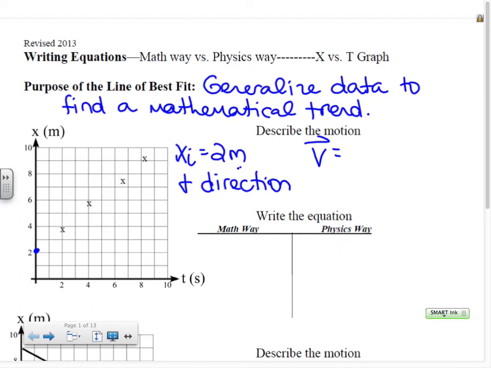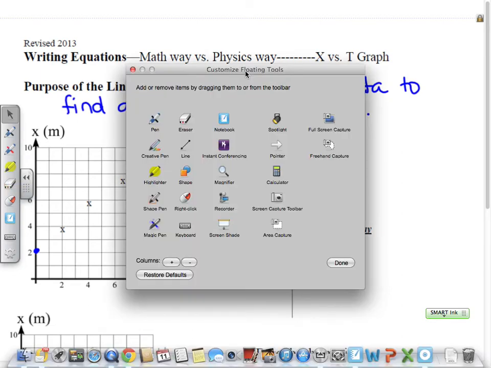When you draw a line of best fit in this case, you want to try your best to go through as many data points as possible. That's your plan. If you can't go through all the data points, then you have to try to split the difference, which we've talked about.